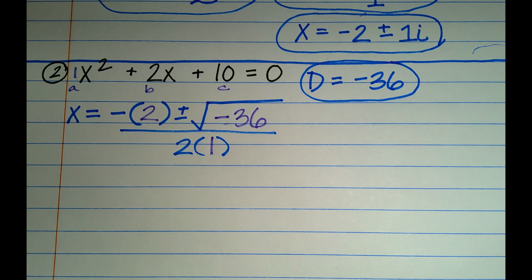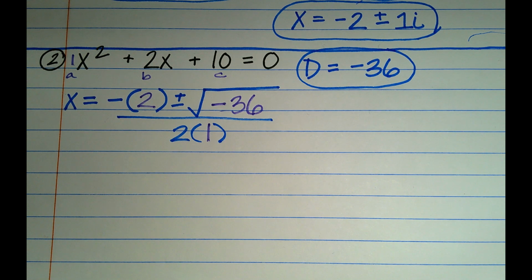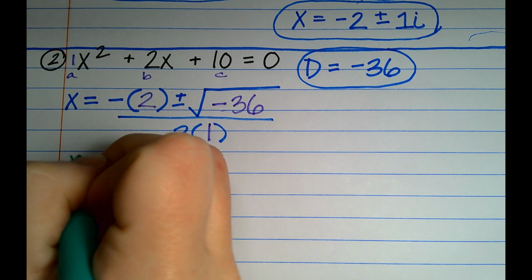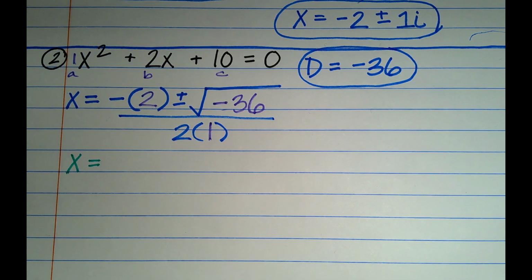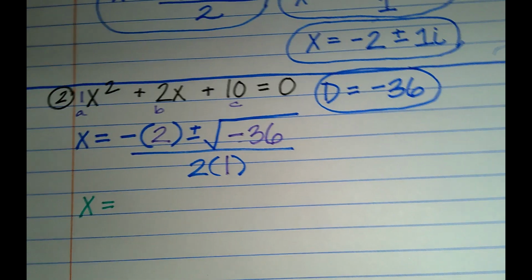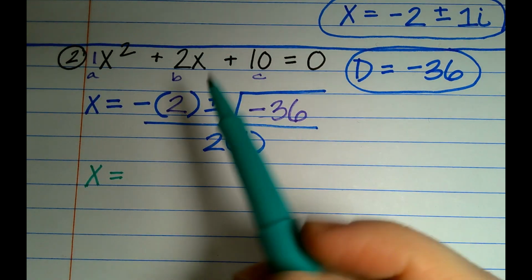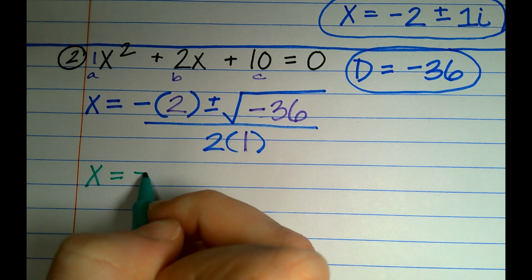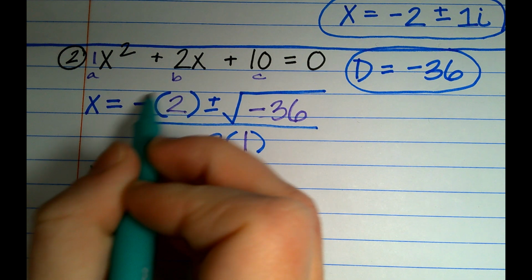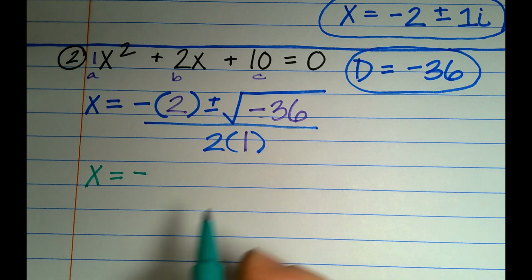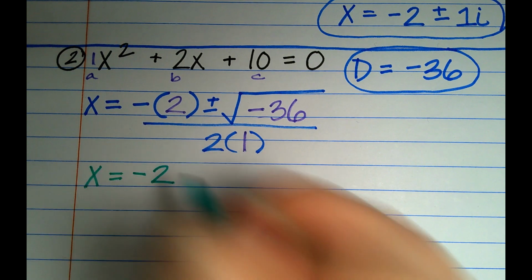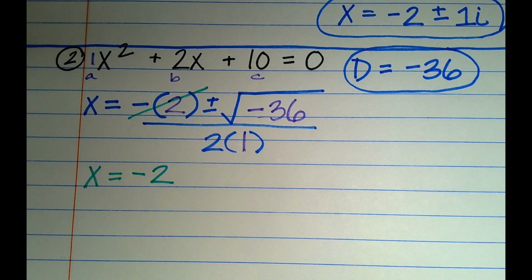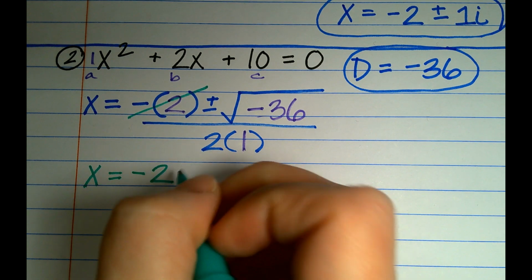So now let's go a step further and simplify things. I'm going to go down to x equals, my b is positive 2, so my negative b will end up being what? Negative 2 plus or minus.